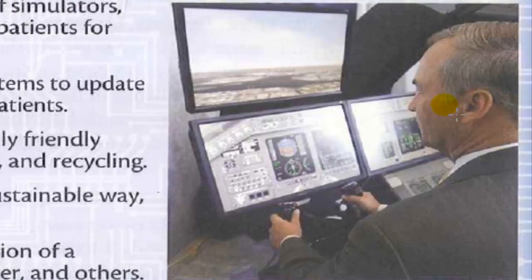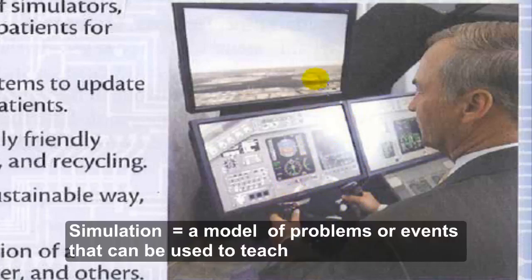A man, and a monitor, a screen, a lot of devices, as if he's driving. Is he driving a car? No, maybe an aeroplane. But this is simulation. Simulation means not real, training. This is training on how to fly an aeroplane.